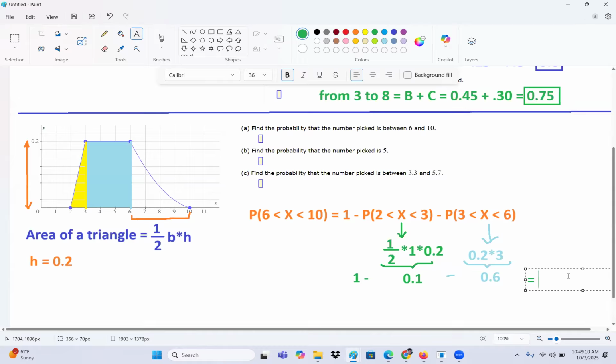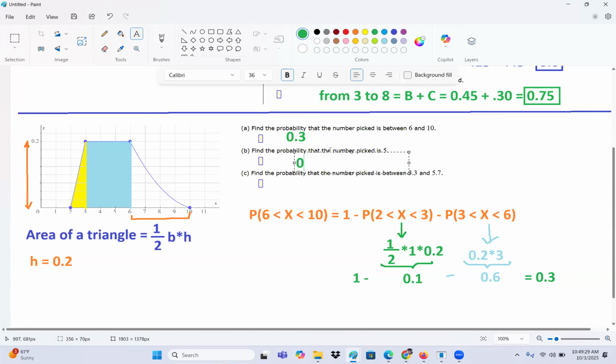Whenever the question asks whether you can or cannot, the answer is always going to be yes, comma, because... Part B was the probability that a number picked is 5, so it's 0. Any probability at a specific point is 0.